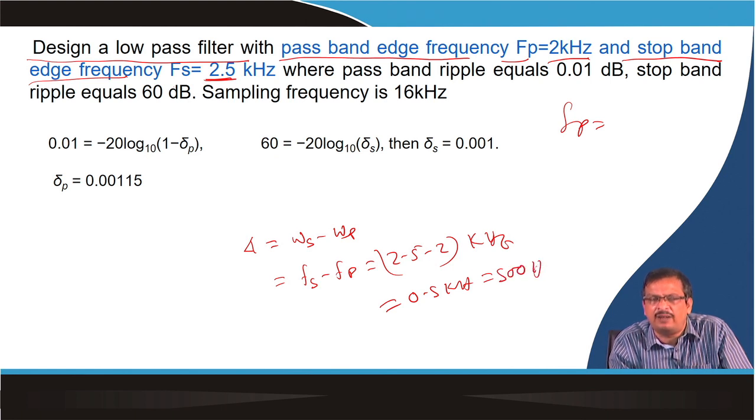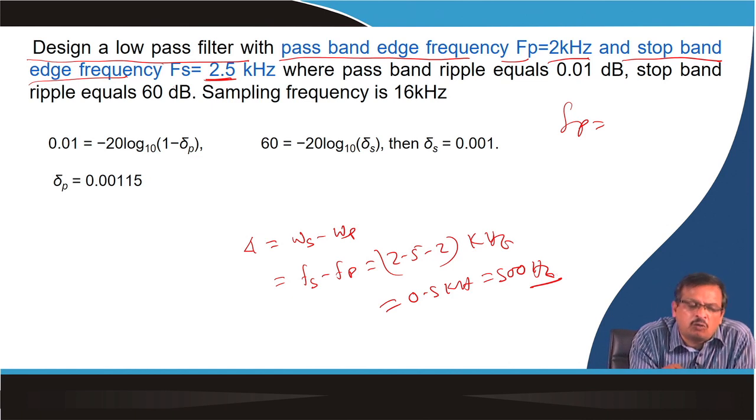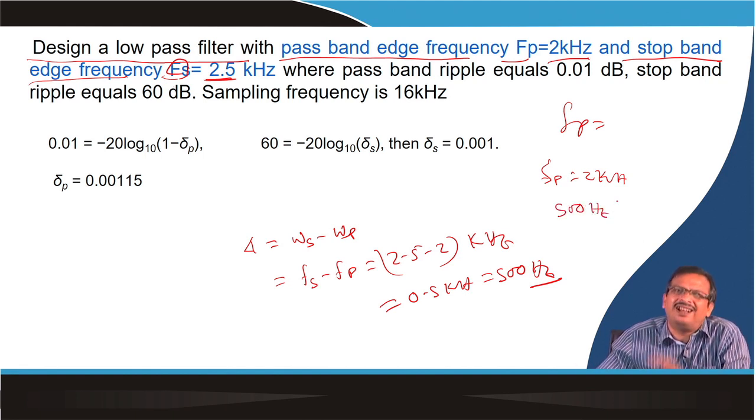So my transition bandwidth is 500 hertz. Instead of the stop band edge frequency, they may say I require a pass band or cutoff frequency Fp equal to 2 kilohertz and a transition bandwidth of 500 hertz. So either they can define the transition bandwidth or they can define the stop band edge.